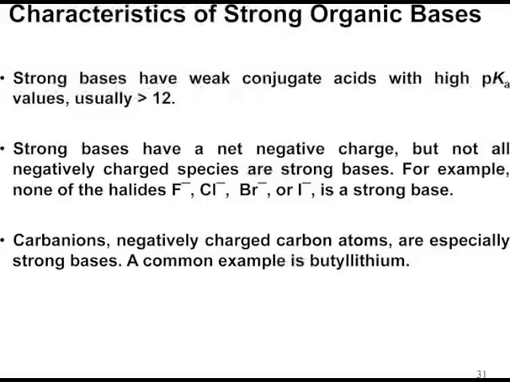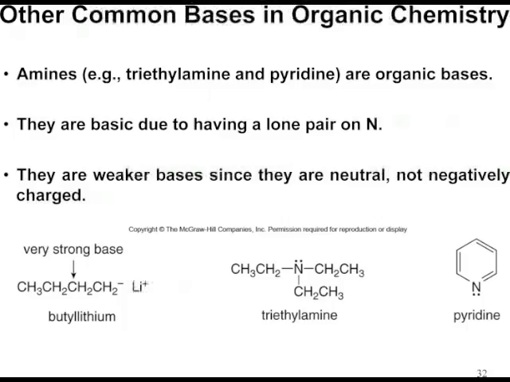Strong bases have weak conjugate acids and vice versa. All strong bases are negatively charged, but not all groups that are negatively charged are strong bases. We have a couple of neutral bases like amines, which have a lone pair on their nitrogen.